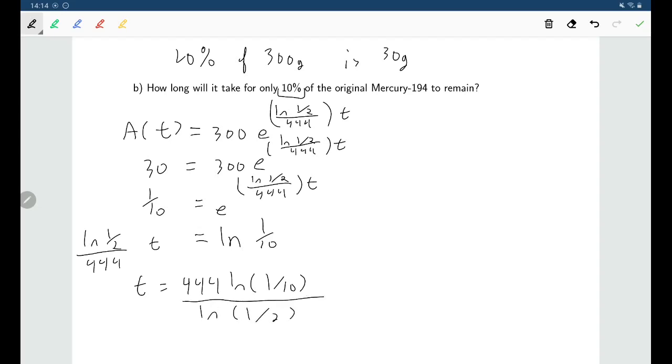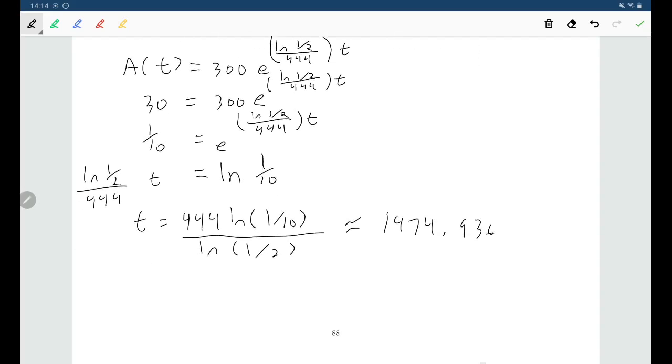And so we have that t should be 444 times natural log of 1/10 divided by natural log of 1/2, or about 1,474.936. So it'll take approximately 1,474.9 years.